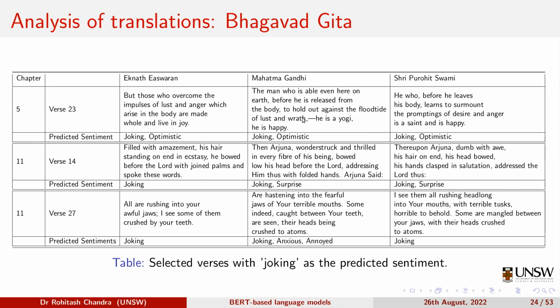It's quite different in the way they are saying things, but we see that the model has captured them as the same in all three of them. Whereas in some of them, it's just joking here, whereas this is joking and surprise. And in here you have joking, anxious, and annoyed, whereas in here it's joking.